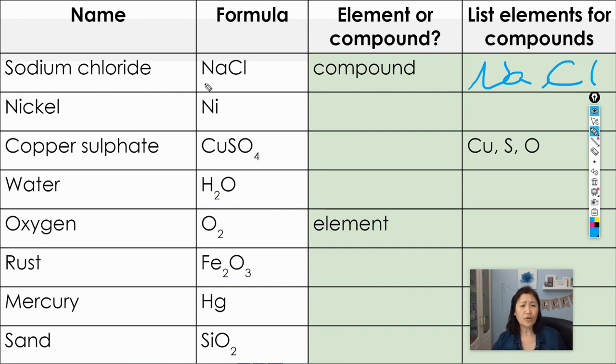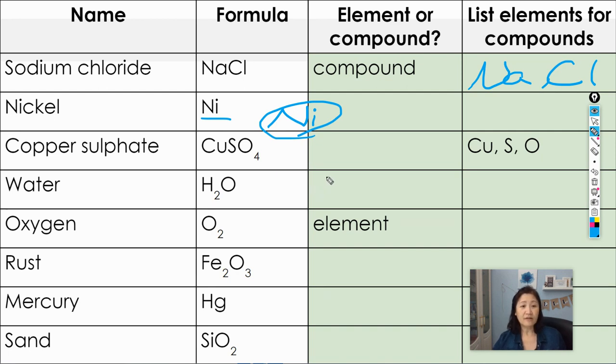So how do you know whether the letters represent different elements or not? For example, if you see Ni, N is a capital letter and i is a lowercase letter. If you see a lowercase letter, these are basically one type of element.